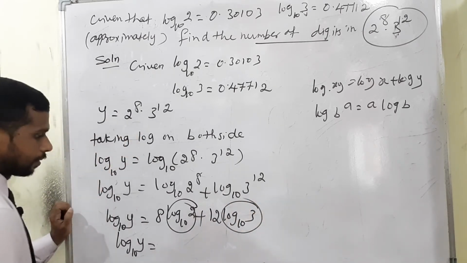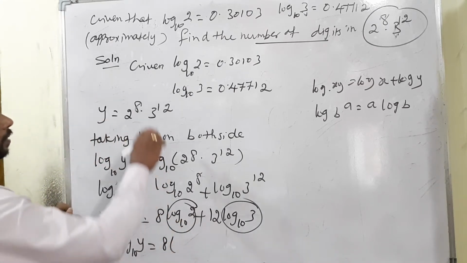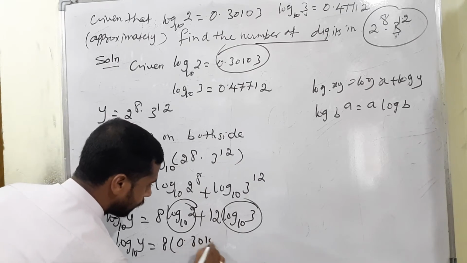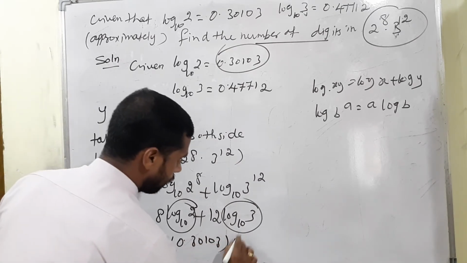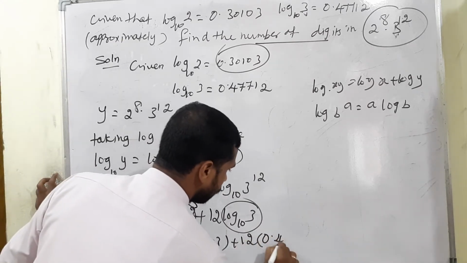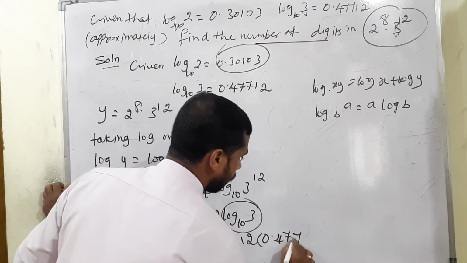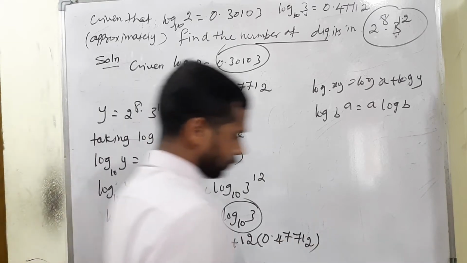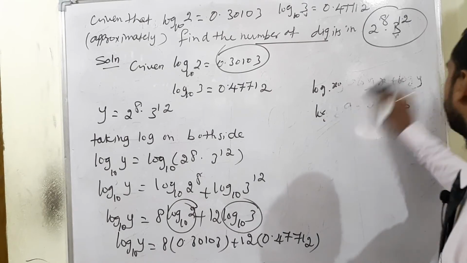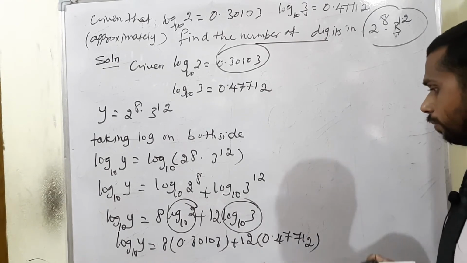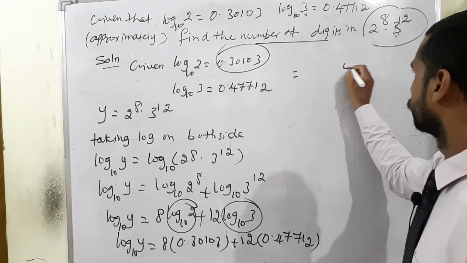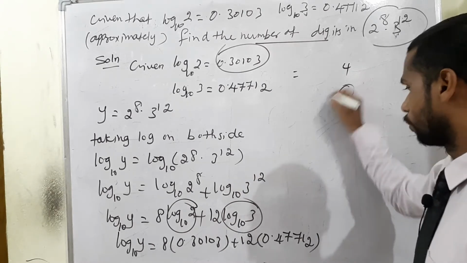Log y base 10 is equal to 8 into log 2 base 10, what is the value? 0.30103, plus 12 into log 3 base 10, what is the value? 0.47712. So multiply, the first one: 8 into 3, 24, means 4, carry 2.